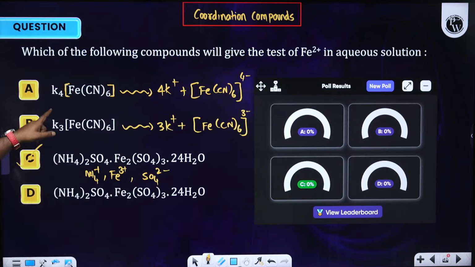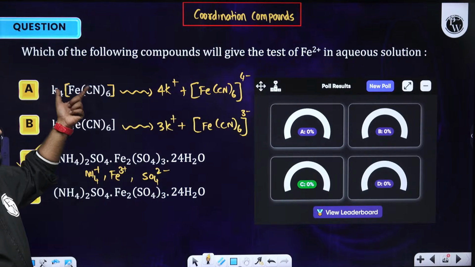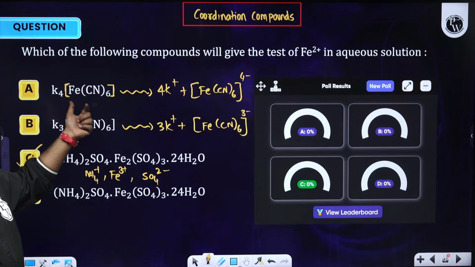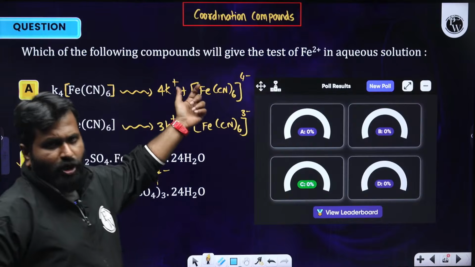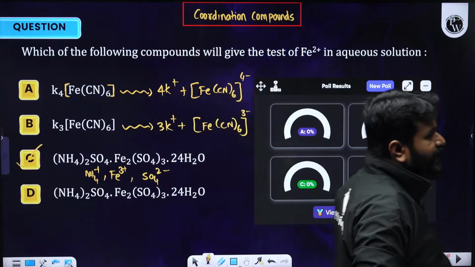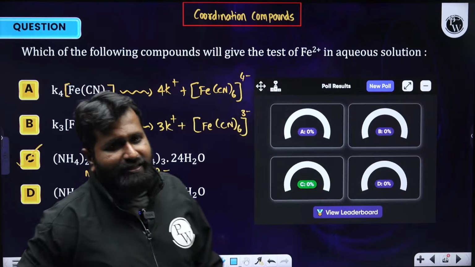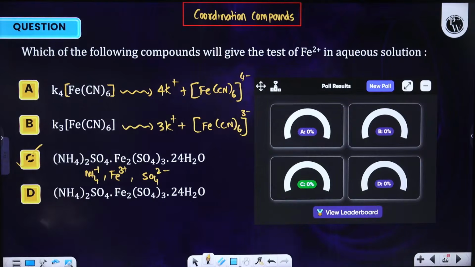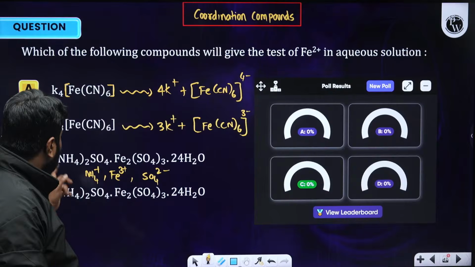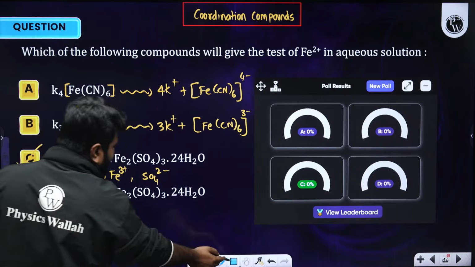But when it comes to coordination complex, whatever metal ion or ligand is present inside the coordination complex will not come out. So coordination complexes do not lose their identity, but double salts will lose their identity. Very simple thing. Example: difference between double salt and coordination compound. So option C is the correct answer.